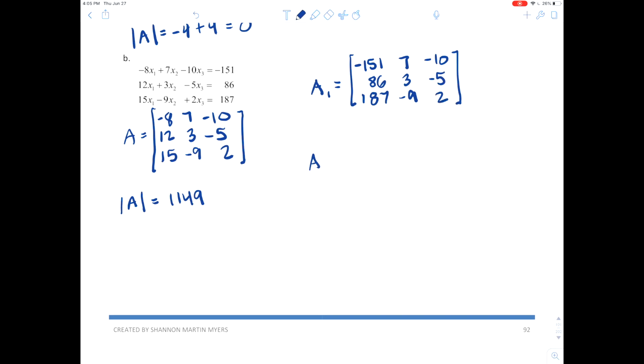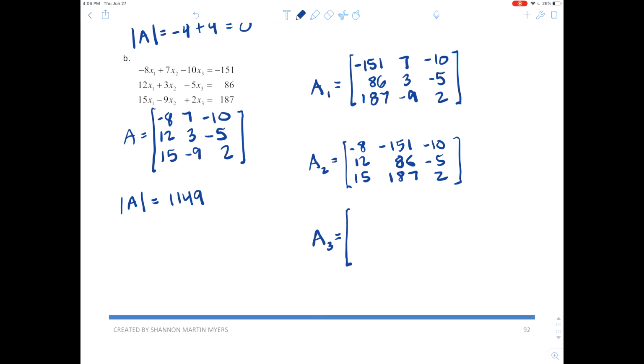A2 will be negative 8, 12, 15 for column 1. Now we'll put those constants in column 2: negative 151, 86, and 187. Then we'll still have negative 10, negative 5, and 2 for column 3. And A3 will be negative 8, 12, and 15 for column 1, then column 2 is 7, 3, and negative 9.